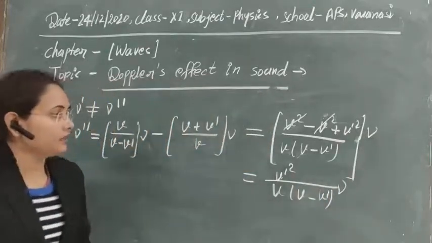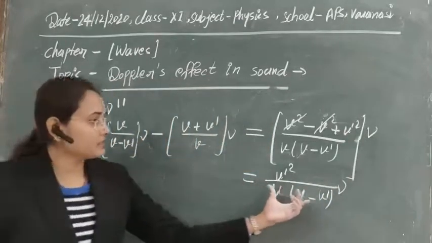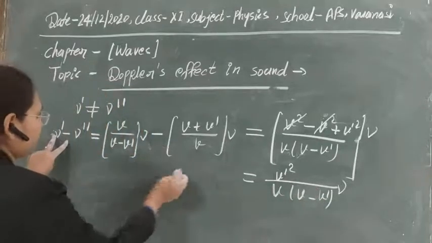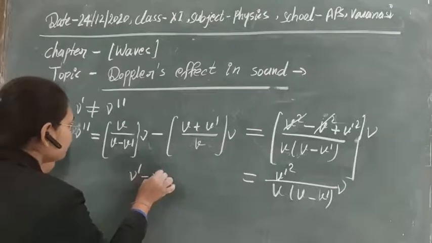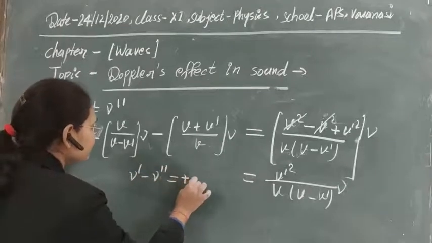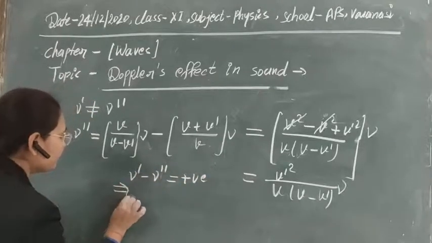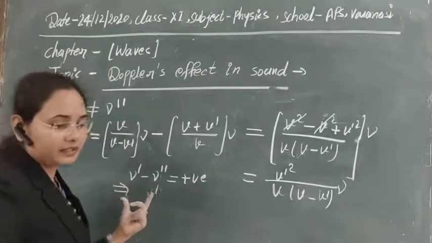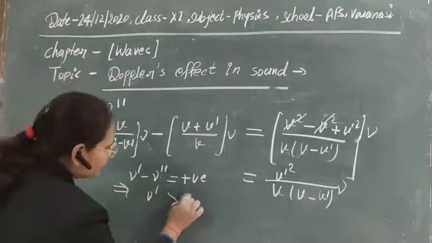Clear? So it means that what we are getting is positive here. So nu dash minus nu double dash is positive, so nu dash will obviously be greater than nu double dash.